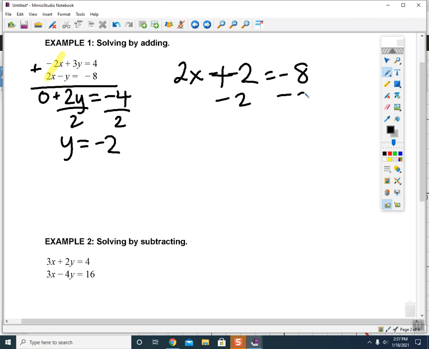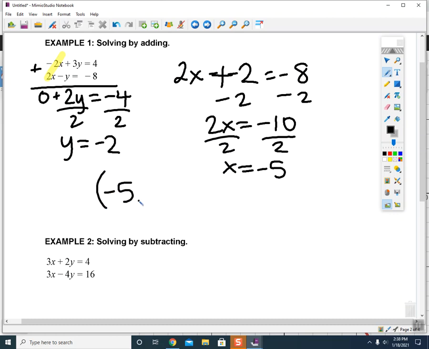So then I would subtract 2 from both sides. 2x equals negative 10. Divide both sides by 2. X equals negative 5. So then the solution to this system would be negative 5, negative 2. That's it. Like, it's super simple.